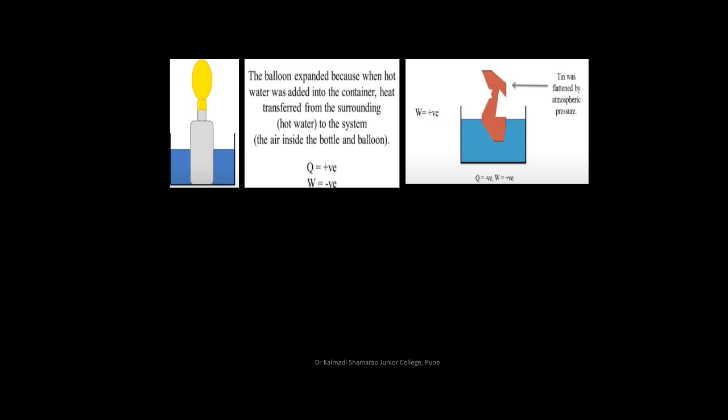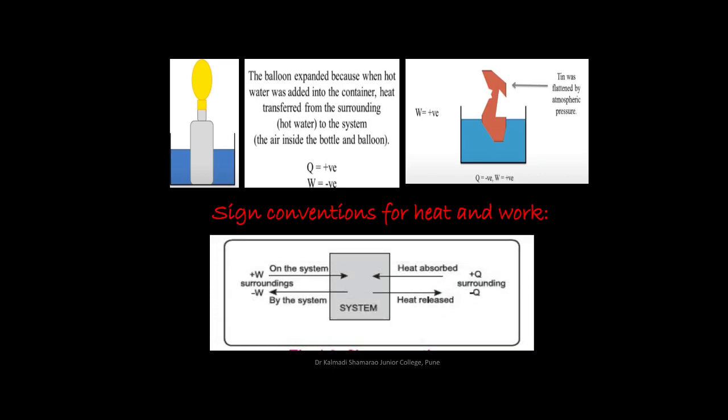Hence whenever work is done on the system, it is positive, and whenever heat is being transferred to the surrounding, it is negative. So we can say the sign conventions for heat and work are: whenever work is done on the system, it is positive. Whenever work is done by the system, it is negative. Heat absorbed is plus Q, and heat released is minus Q.